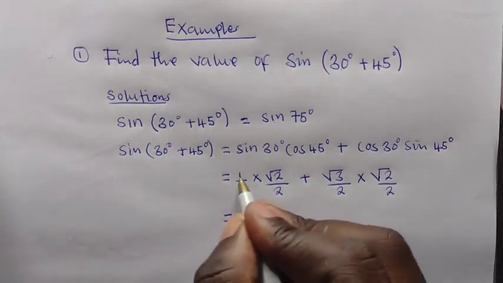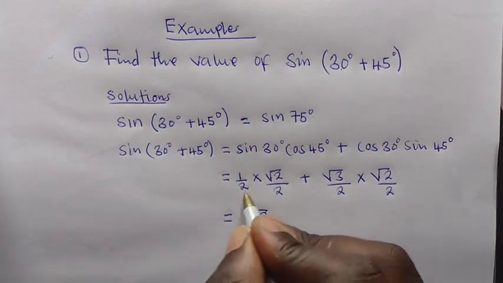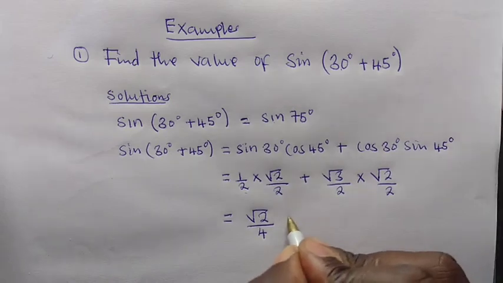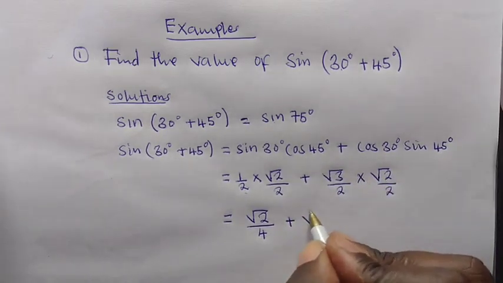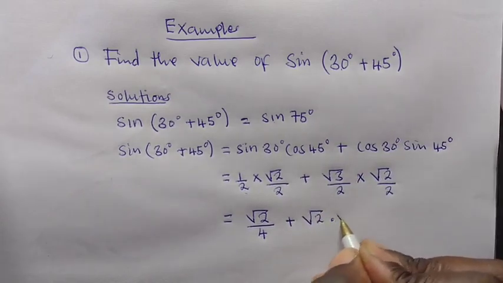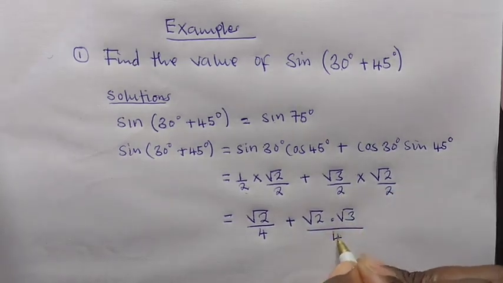From this stage, 1 times root of 2 gives root of 2 over 2 times 2, which is 4, plus root of 3 times root of 2, so I'll say root of 2 times root of 3 over 2 times 2, which is 4.